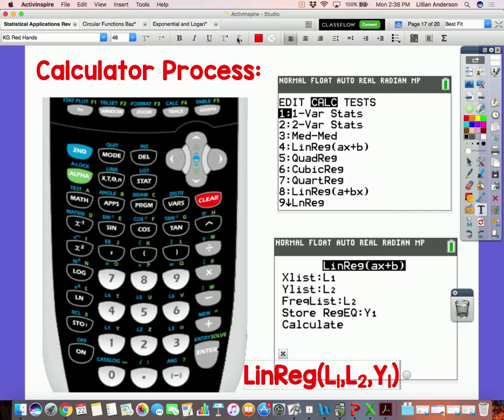If the question asks you to predict something, like a future value, then you would want to have your equations stored. Because when you click enter, not only are you going to get your correlation coefficient, but you're also going to get the equation for the regression line, or the line of best fit.